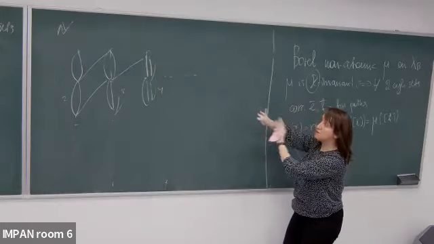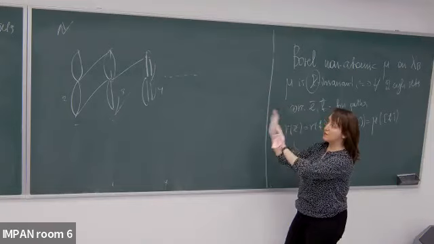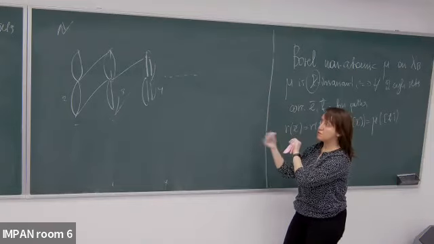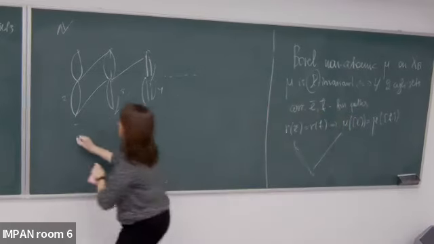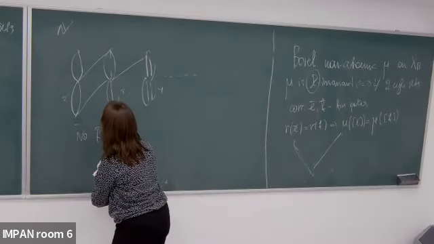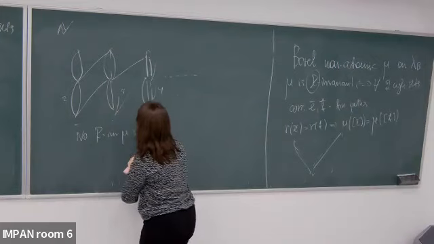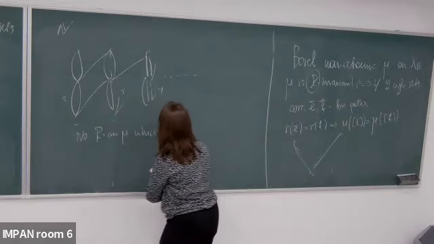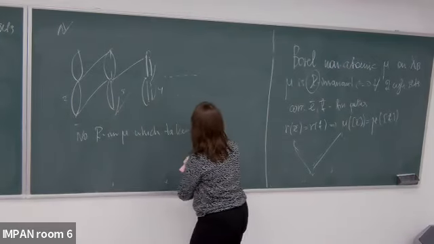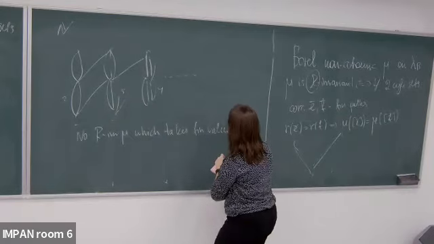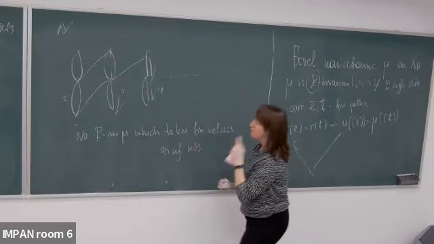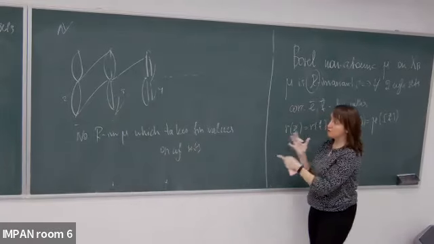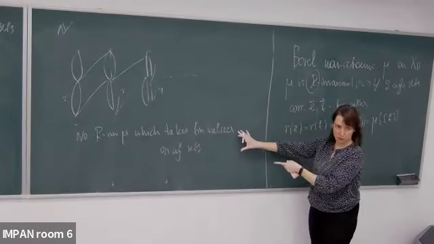Such a diagram does not have an invariant measure which takes finite values on cylinder sets. Let's prove it by contradiction.